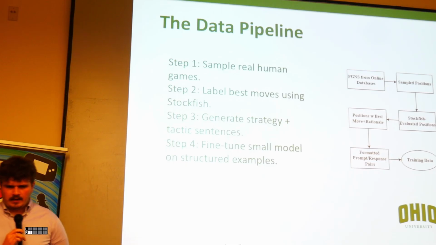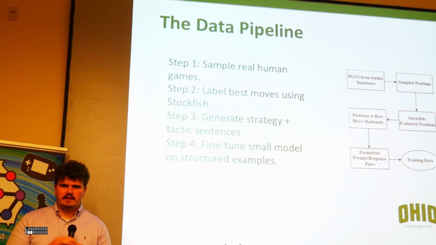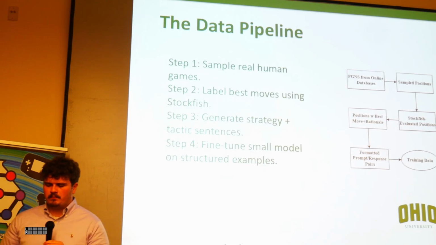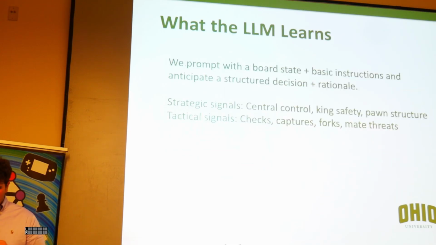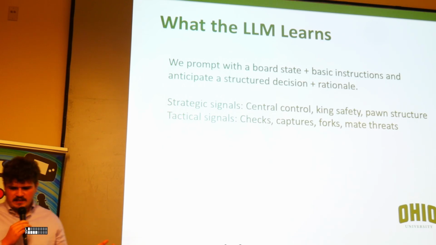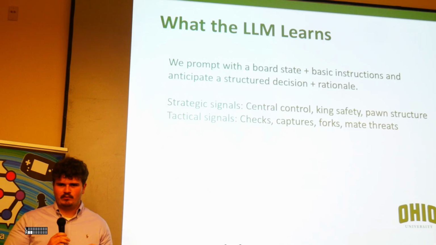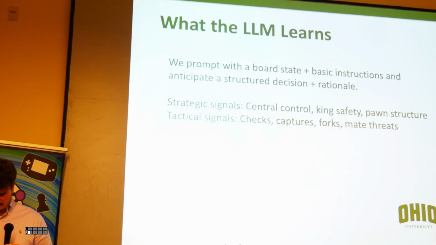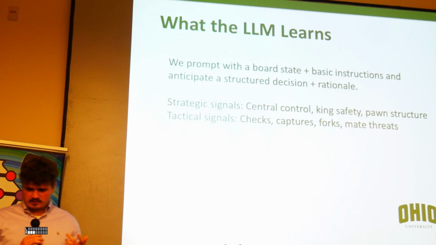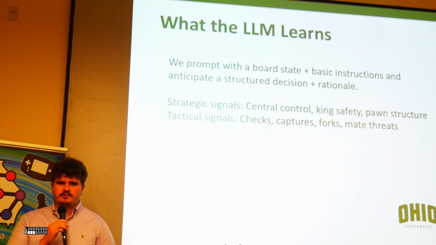Given the combination of the best move and the strategy and tactic sentences, we can fine-tune a small model on those. For the prompt, we give the board state and basic instructions like you're a chess assistant, give the best move in this JSON output structure. And we anticipate a structured decision with rationale. I talked about algorithmically generating strategy and tactic sentences.